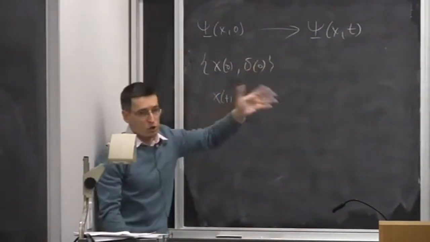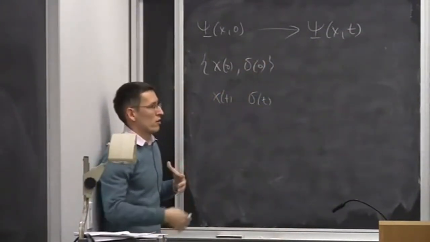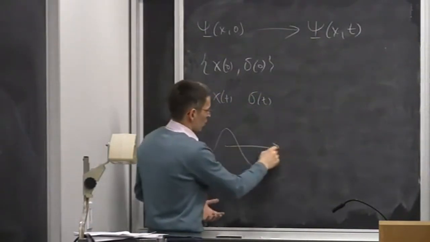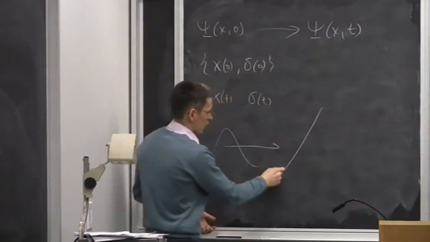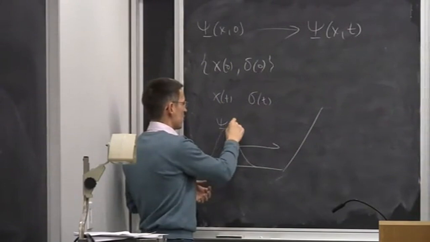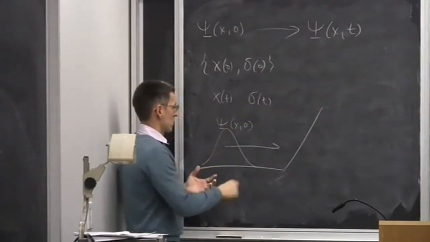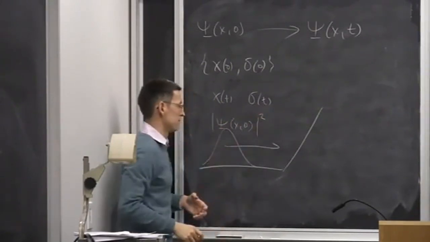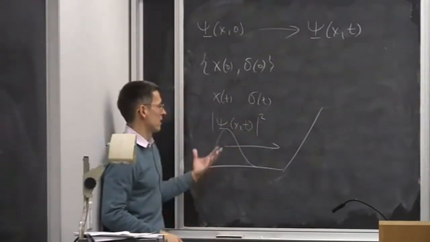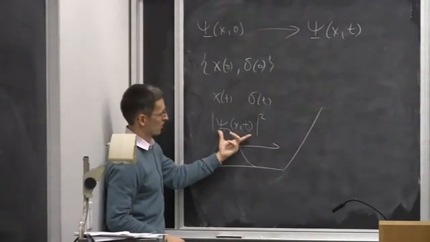That's what I showed you before when I was showing, okay, let's consider, say, a quantum system. It goes this way, encounters the potential, and then comes back. So I started with some initial wave function, and I was plotting the probability density and its dependence on time, right? So that's the object I was plotting.